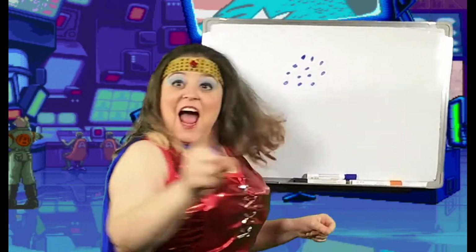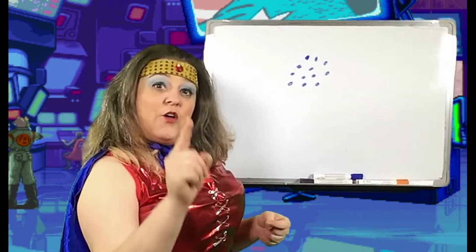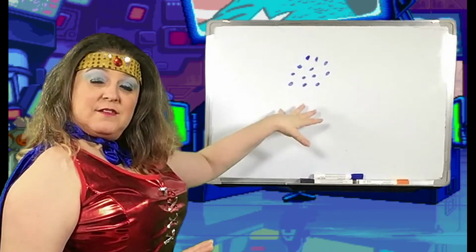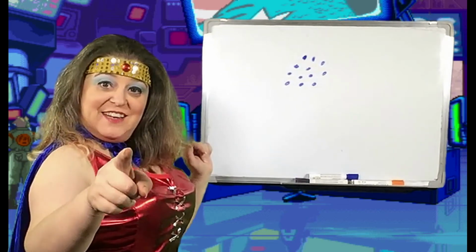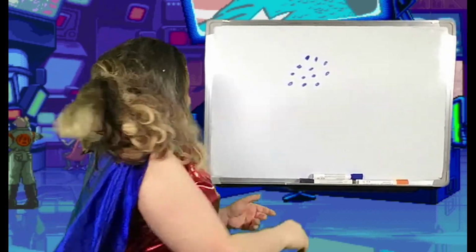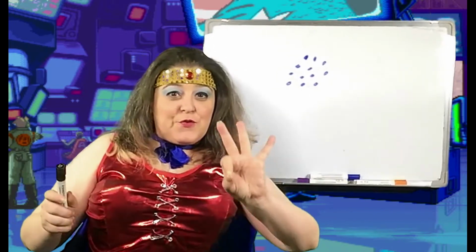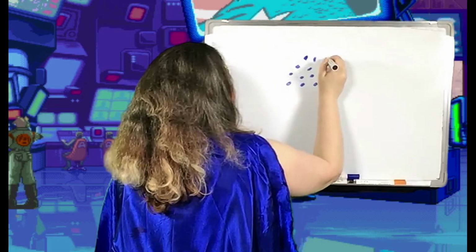All right, have you drawn 12 blueberries on your whiteboard? You did? Good. Now, circle 3 blueberries.